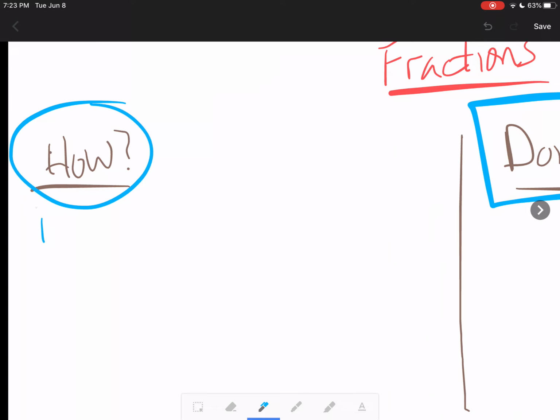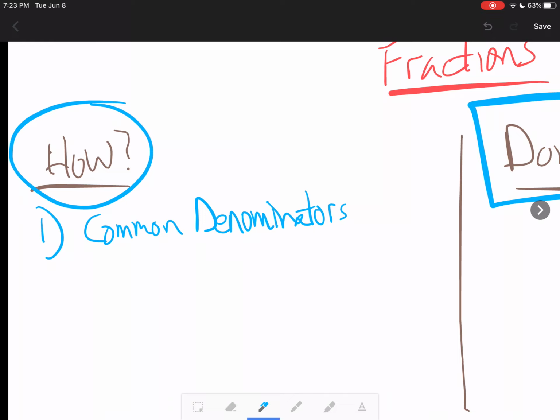So number one is we have to make sure we have common denominators. That's the big thing. Make sure the number downstairs is the same. After that, we combine only the numerators.